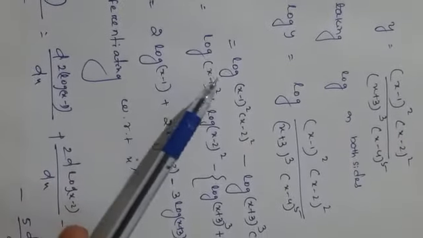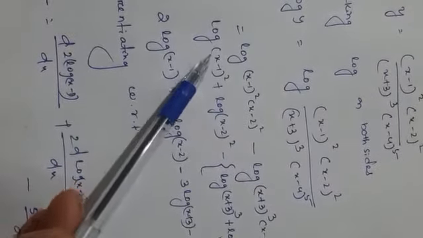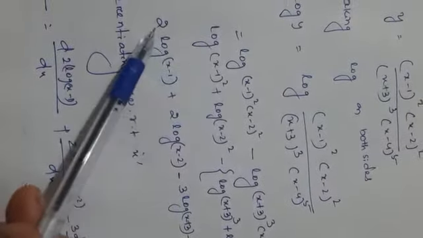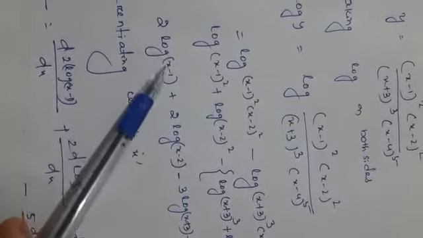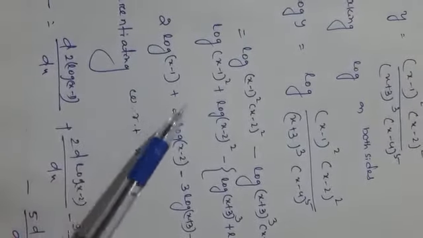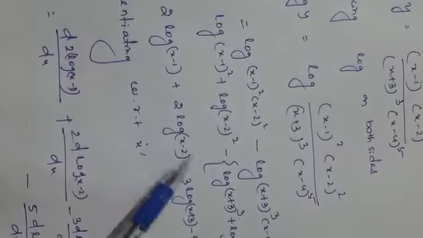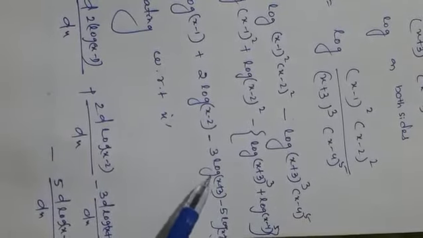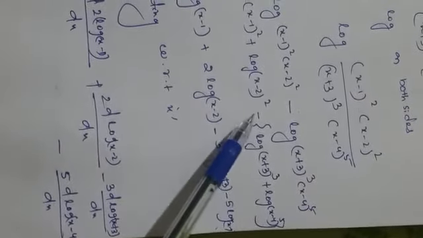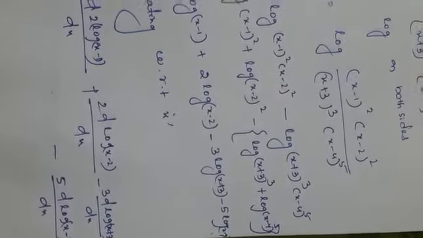Now see the individual parts, there are 4 parts now. Log x minus 1 whole square is 2 log of x minus 1, using log m power n. So 2 log(x minus 1), plus 2 log(x minus 2), minus 3 log(x plus 3), then minus 5 log(x minus 4).